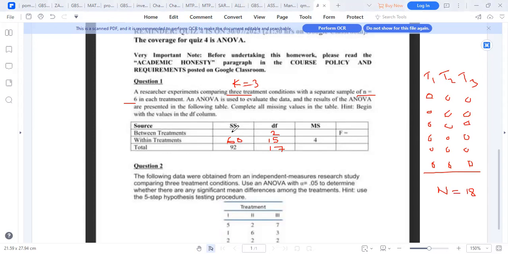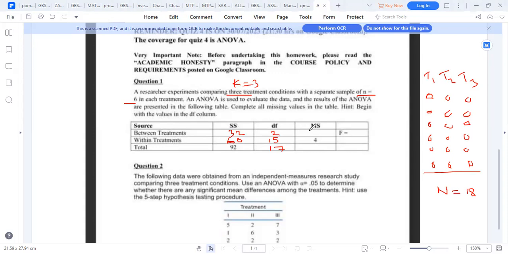Now we go to this one. How do we get this figure here? The difference. Excellent. So 92 minus 60, what are we getting? 32. Then how do we find the mean of squares? Divide the SS by the DF.